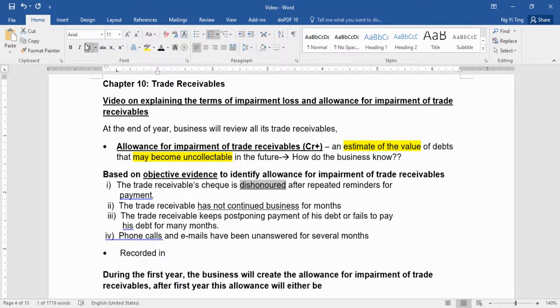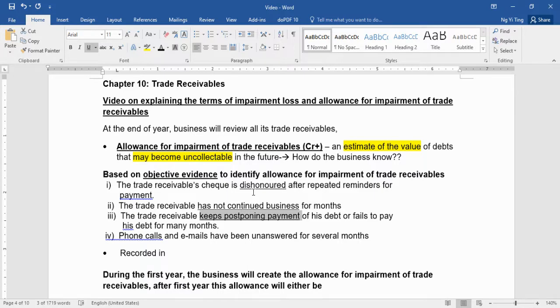The trade receivable has not continued business for months. The trade receivable keeps on postponing payment of his debts or fails to pay his debts for months. And then you try to call them, email them, but they did not answer for several months.